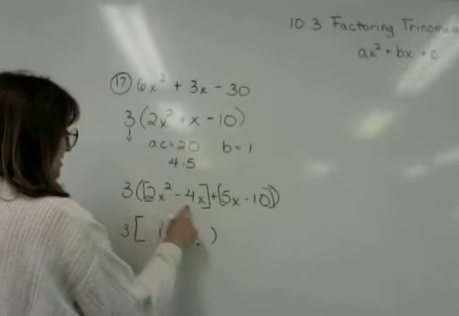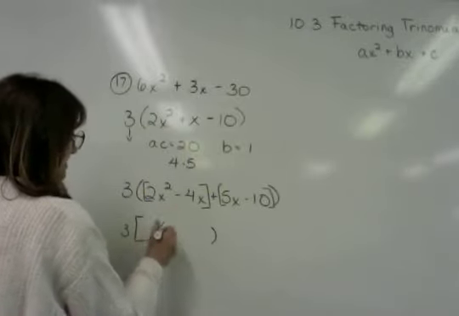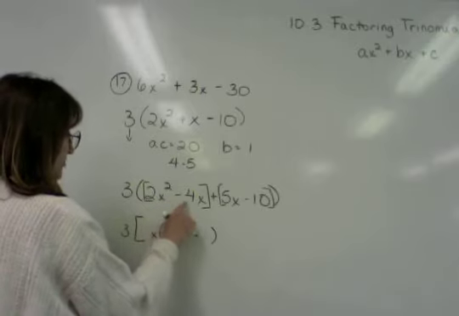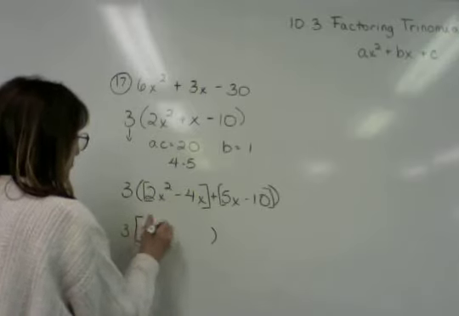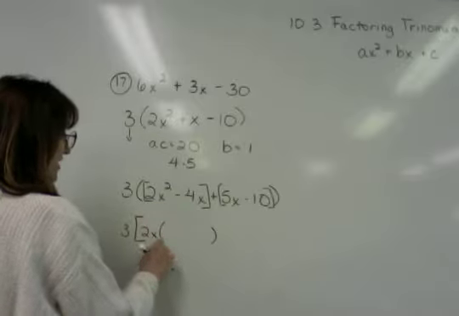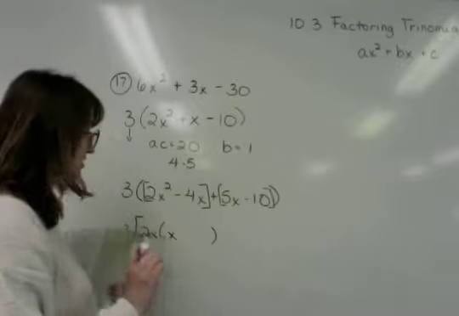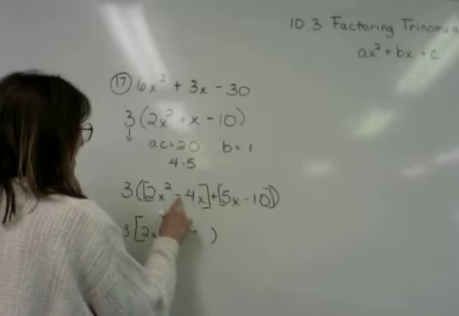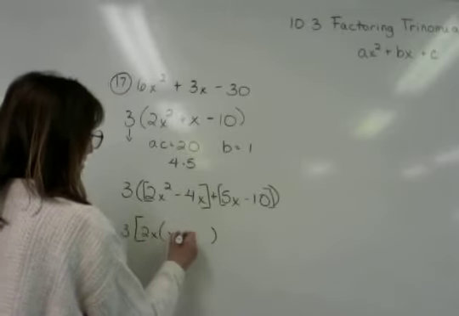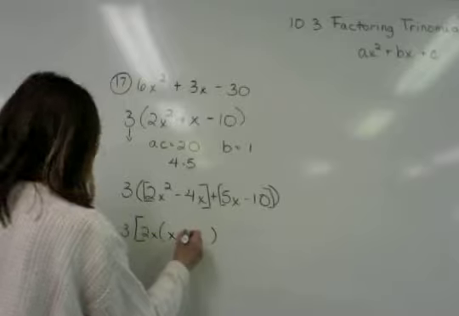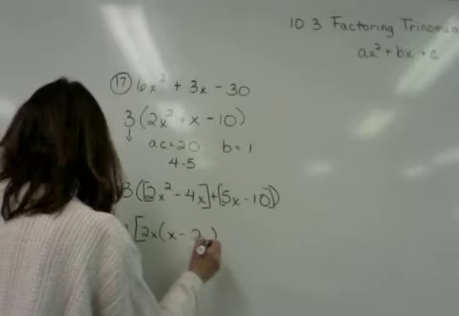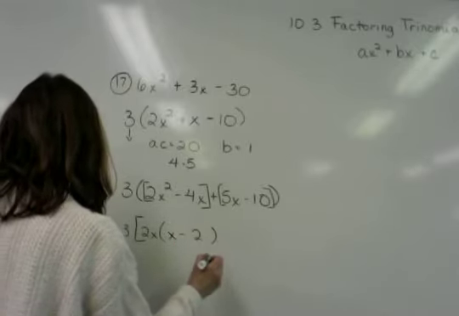So looking at these, I definitely have a common x, but what else do I have common between those? I have a 2. So 2x squared divided by 2x would just be x. Now I'm starting to look for a common binomial. The minus 4x divided by 2x would end up being just a 2. So I've got x minus 2, right?